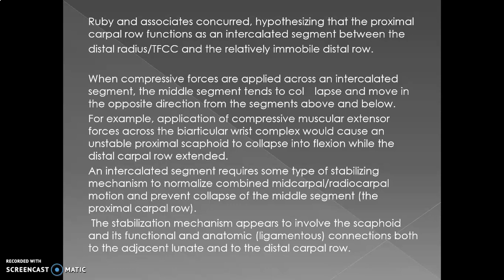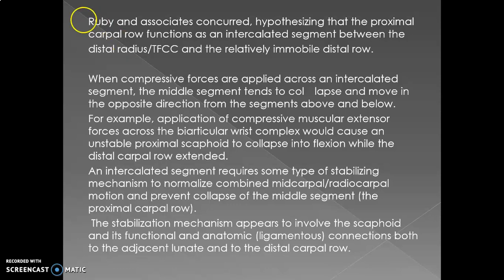The proximal carpal row, that is scaphoid, lunate, triquetral, which we already called the intercalated segment, is compressed by one side, the radius and TFCC. The other side is relatively immobile. See, we are using the word relatively immobile, which means it is not immobile. Relatively means compared to the intercalated segment, this is relatively immobile. So that means that the intercalated segment is moving more.